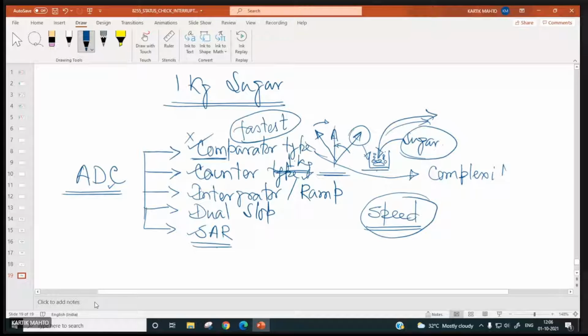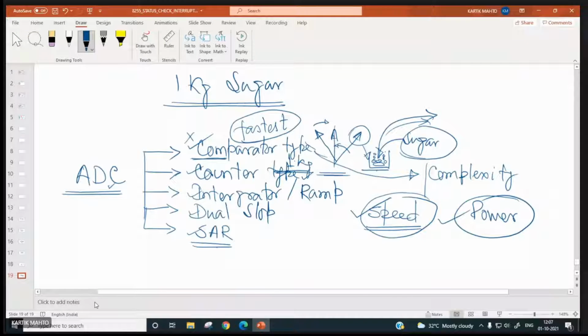And another biggest problem, and you people should always remember: whenever somebody discusses your electronic circuits, further development in today's world is always based on two parameters. One parameter is speed and the other parameter is power. So don't forget this, okay?